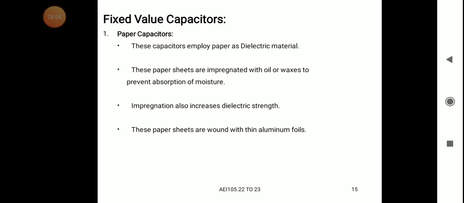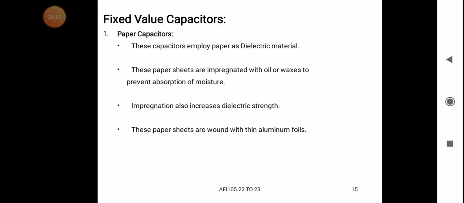Impregnation also increases the dielectric strength. If we impregnate with oil or wax, this oil and wax also improves the dielectric strength.